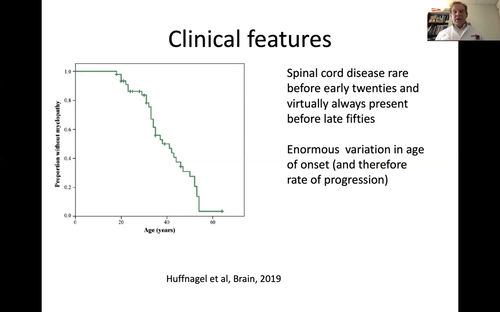There is an enormous variation in the age of onset, and therefore also in the rate of progression, that we cannot predict at this time. So when we see a 10-year-old patient, we cannot predict whether he will be ambulatory at 40 or wheelchair bound at 25. And looking at family members has no prognostic information. That is one of the issues that is not yet understood.